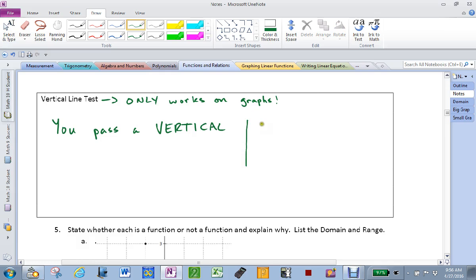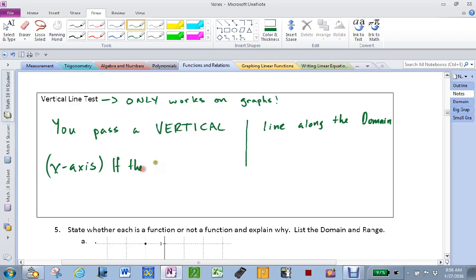Okay, you pass a vertical line along the domain. Okay, what's the domain on a graph? Which axis? Right, the x-axis. Okay?